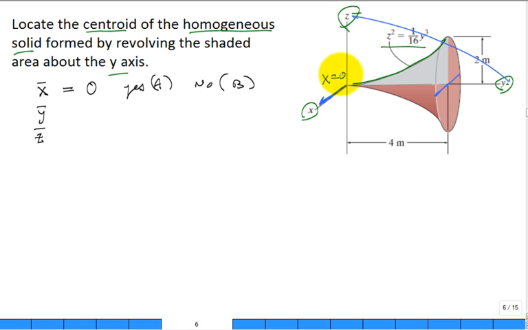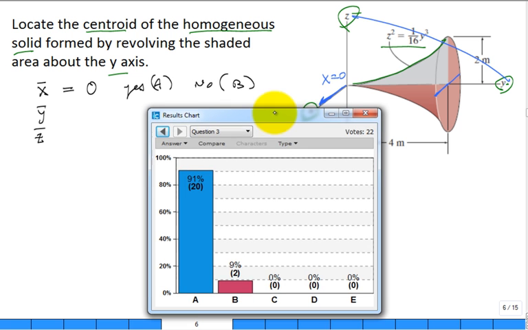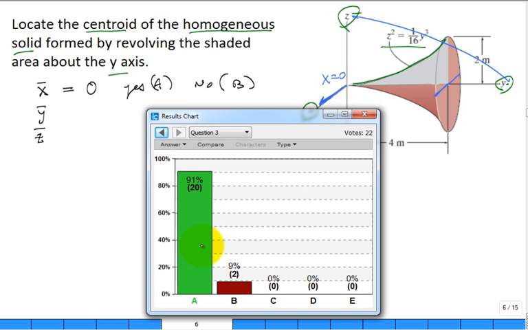Yeah, it's symmetrical about that plane that goes through x equal to 0 in the YZ plane. So the x bar is easy. The x bar is 0. I conclude that by my observation of symmetry.